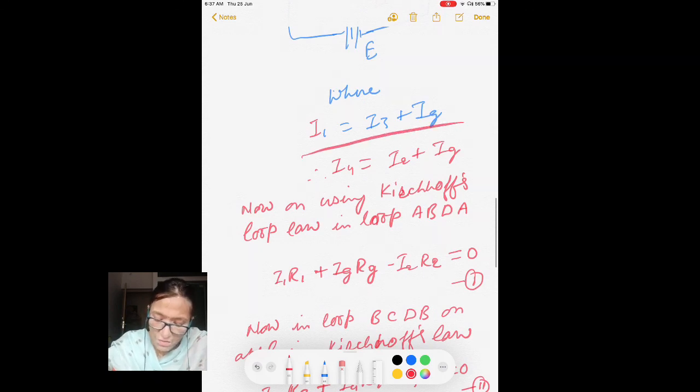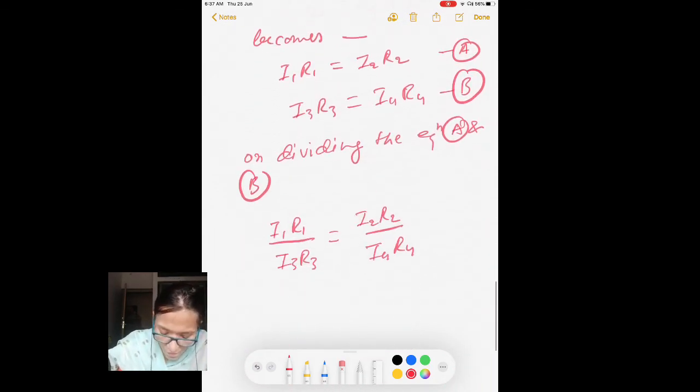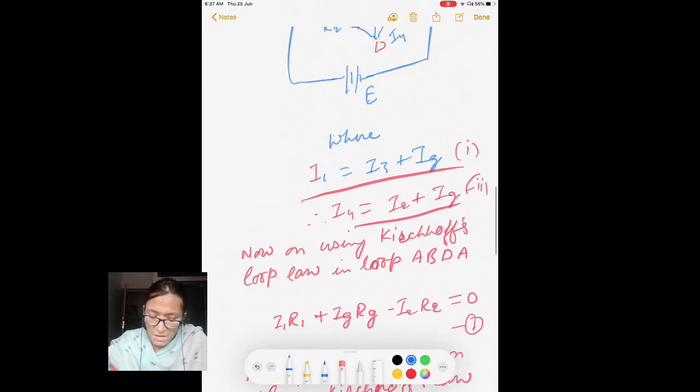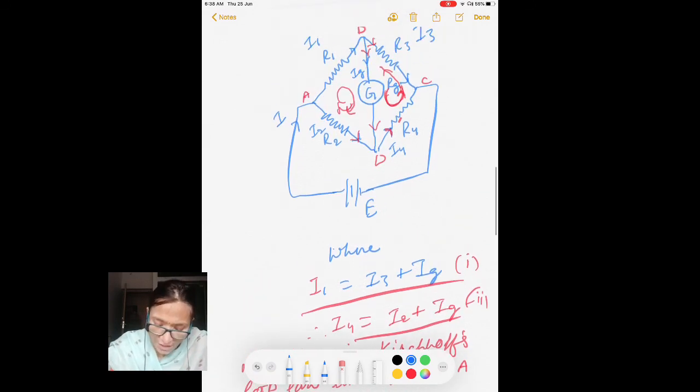Also from 1 and 2, we have supposed that current through galvanometer is 0, so let me make this term 0.